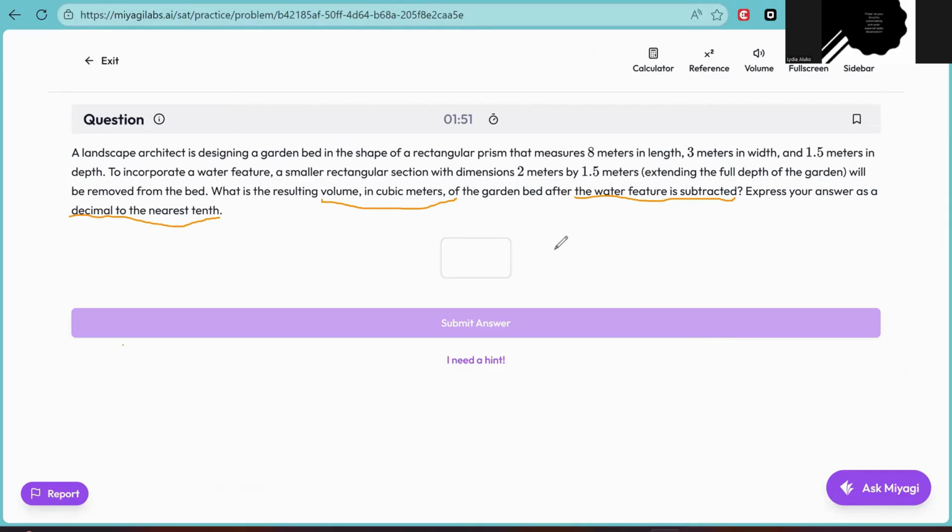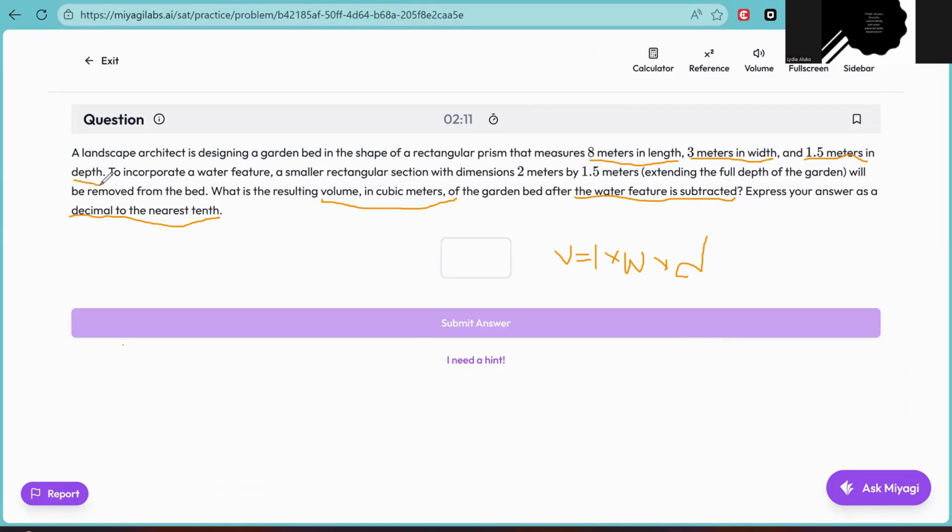So when we're looking for volume, it equals length times W, which is our width, times the depth. Okay, so we were given 8 meters in length, 3 meters in width, and 1.5 meters in depth.